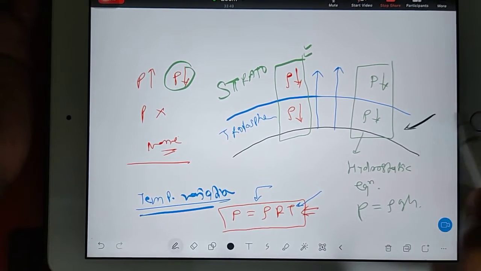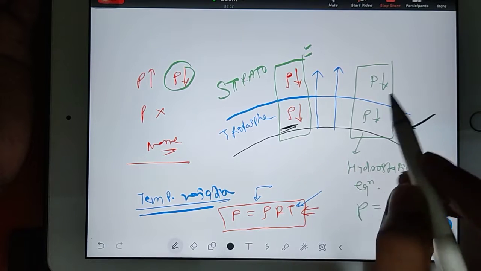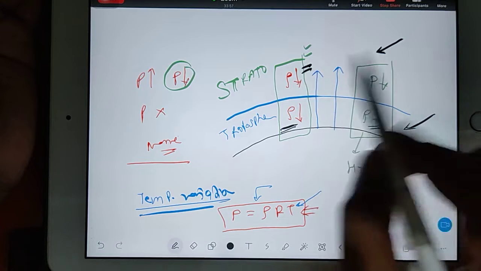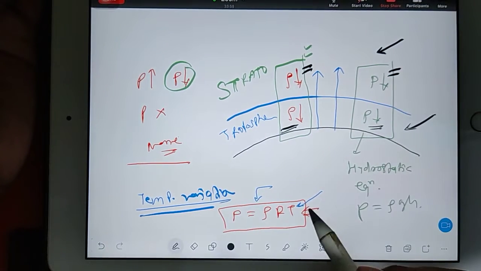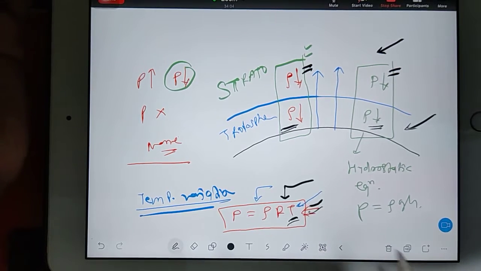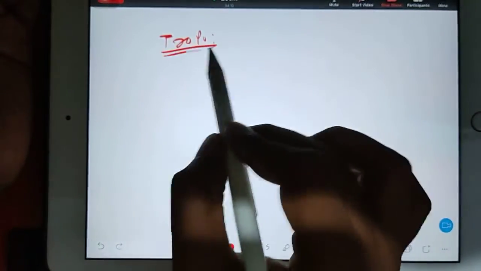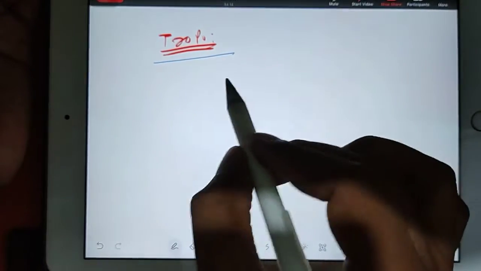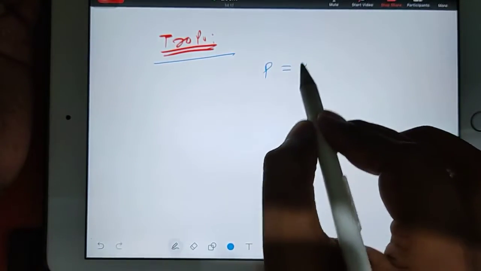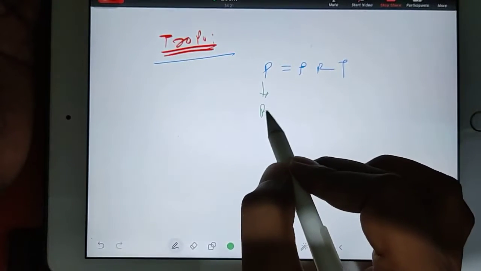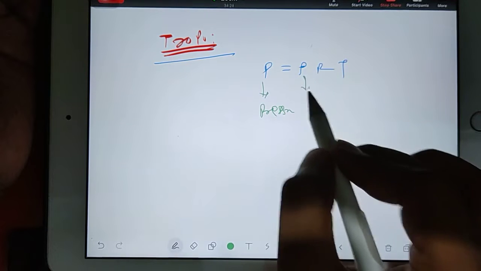Actually, in your first sphere, rho variation and pressure variation we know. In your second, rho variation and pressure variation we know. So we can find out the temperature variation. To find out temperature variation in the troposphere, you should apply P is equal to rho RT. What is P?